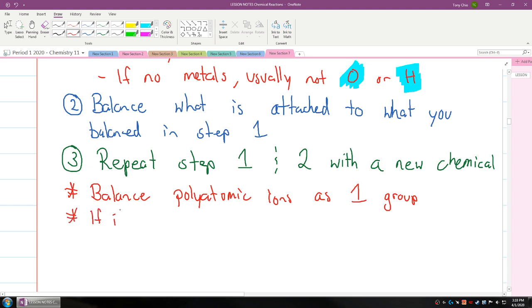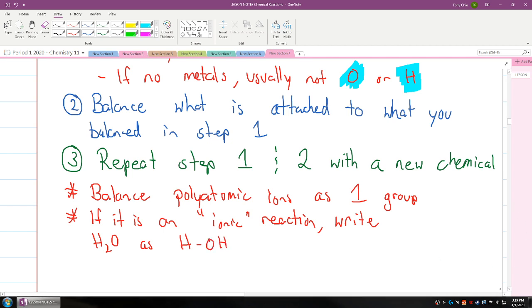If it is a reaction that involves water as an ionic reaction, write H2O as HOH.